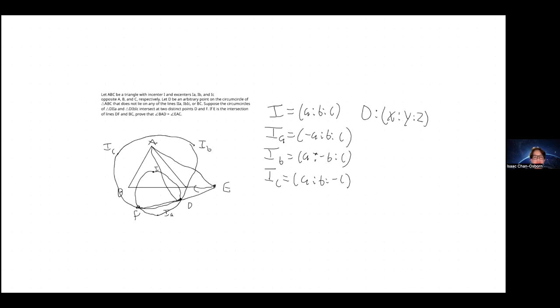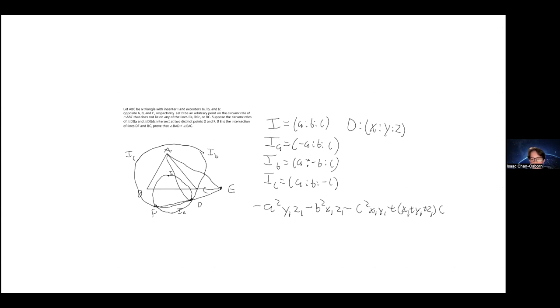Then we can use the formula for the circumcircle, and we have that points D, I, and I_A satisfy a squared y1 z1 plus b squared x1 z1 plus c squared x1 y1, plus (x1 + y1 + z1) times (u x1 + v y1 + w z1), for arbitrary constants u, v, and w.